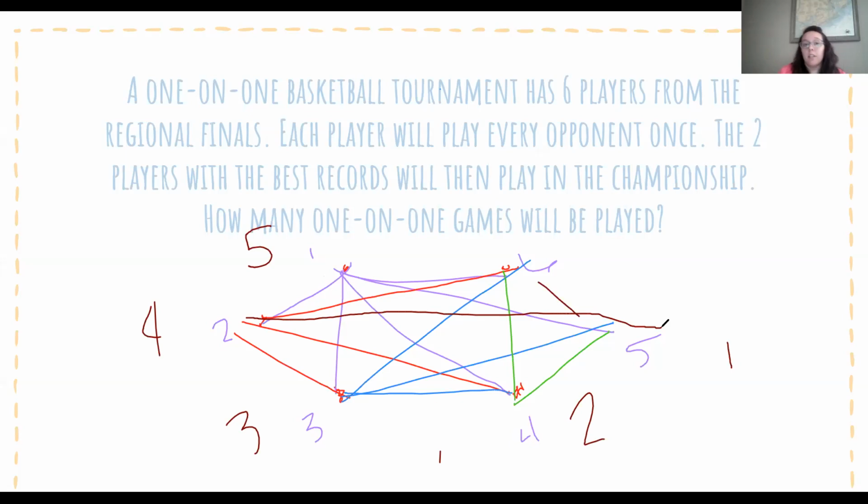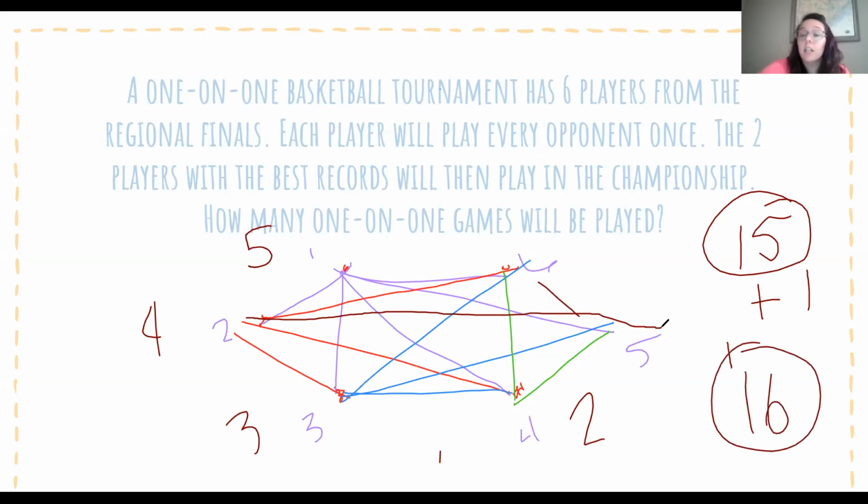So if I were to add this up, this is 9, 10, 11, 12, 13, 14, 15. So there are a total of 15 lines plus the 1 championship game, which would give you 16.